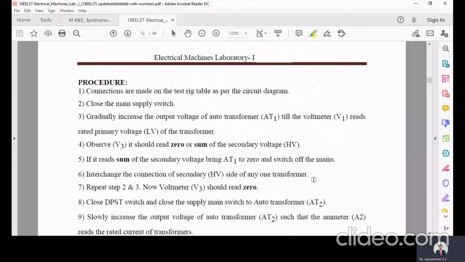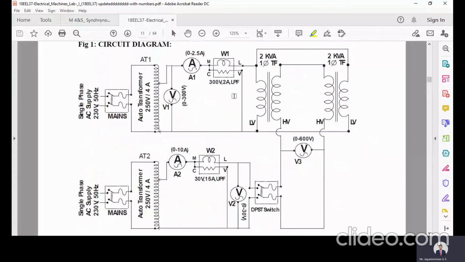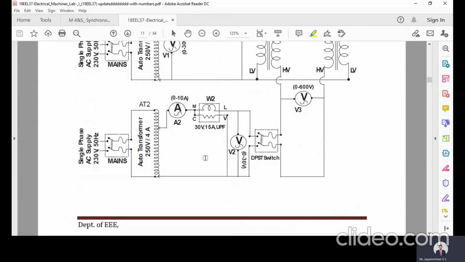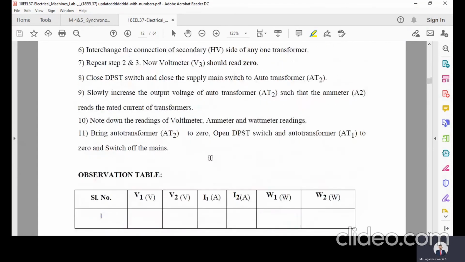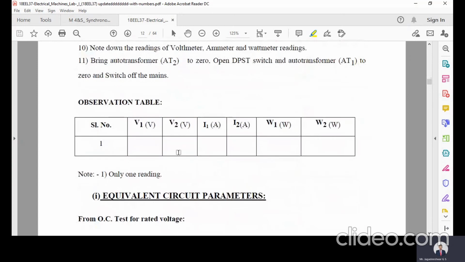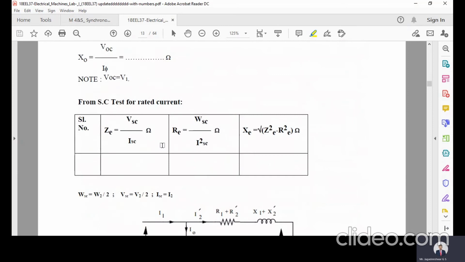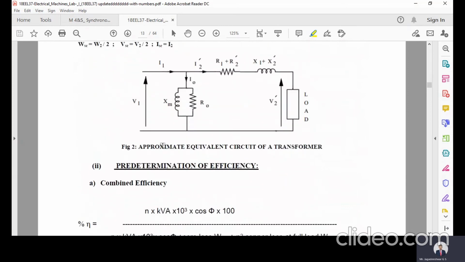Here W1 is LPF, so the power factor for this wattmeter will be 0.2, and W2 is UPF, so the power factor in this case will be 1. Those values you have to take to calculate the wattmeter constant. These are the readings you have to enter here. You know how to calculate equivalent circuit parameters in the SCOC test. We have shown it, so I'll skip it here.